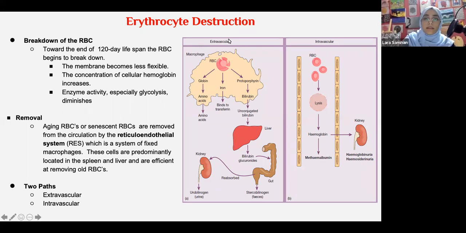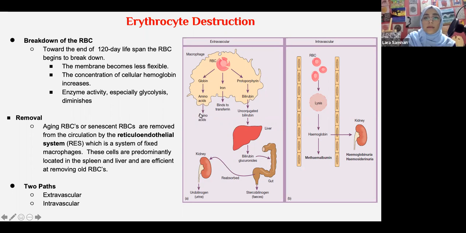Now, in regards to the extravascular, which is in the RES, the reticuloendothelial system, it will get recycled either in the spleen or liver or both of them through the help of the macrophage. This is an RBC, which is like hemoglobin. The RBC is going to get lysed, so we will have the globin, the iron, and the protoporphyrin. The iron will bind to the transferrin.